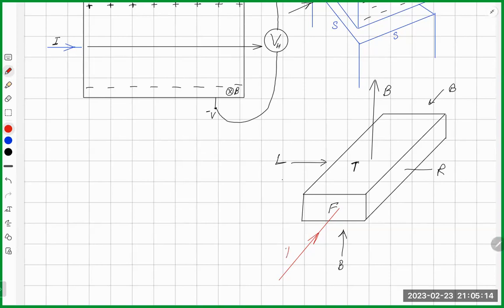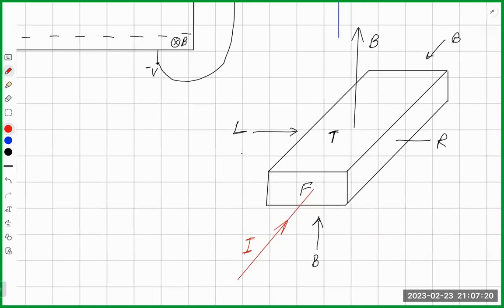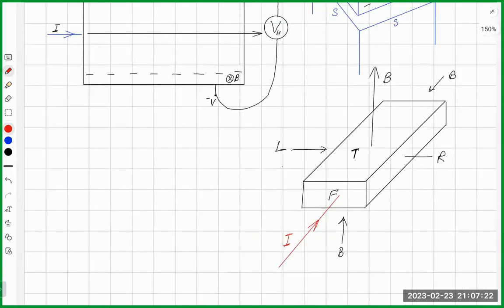Will the potential difference be developed between front and back, top and bottom, or left and right? That will be between the left side and right side.